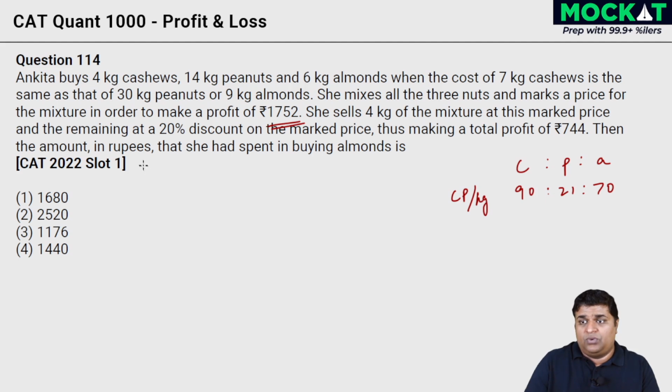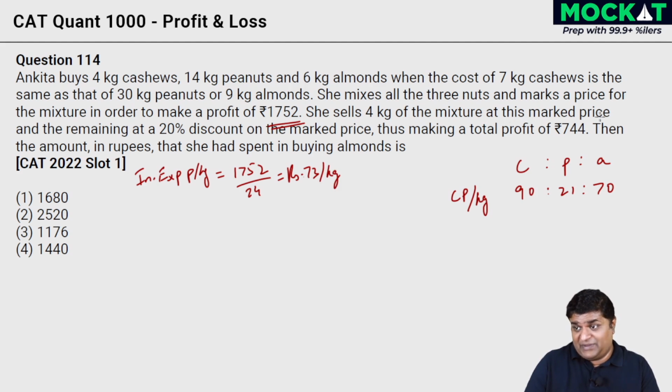So what is the initial expected profit per kg? 1752 divided by 24 kgs totally. 1800 is close to it. 1800 by 24 comes to 75, minus 2 into 24 is 48, so that's going to be 73. You can use the calculator here. Rupees 73 per kg, so that we're not confused with what the number 73 means.